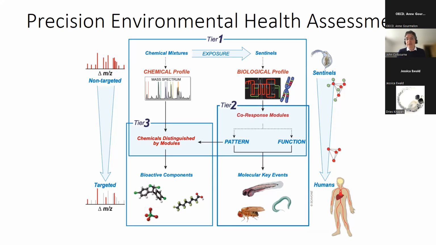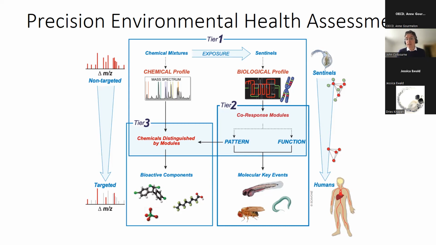But now if you add a third large data set, and this is really non-targeted analytical chemistry of the environment, one could actually apply a three-tiered approach where you discover what components of all the mixtures found within environmental samples are the drivers behind the biomolecular responses observed in our sentinel species.